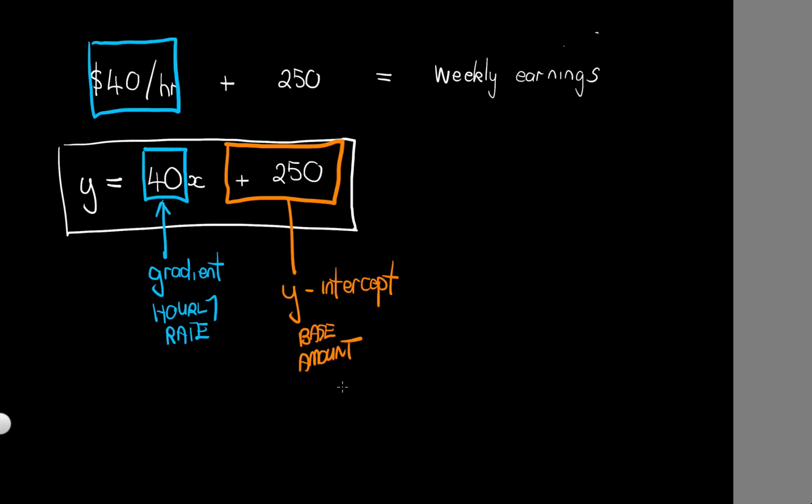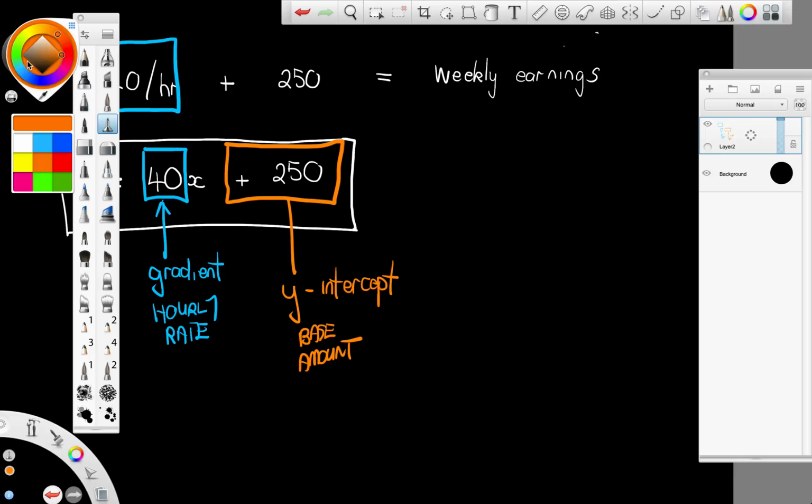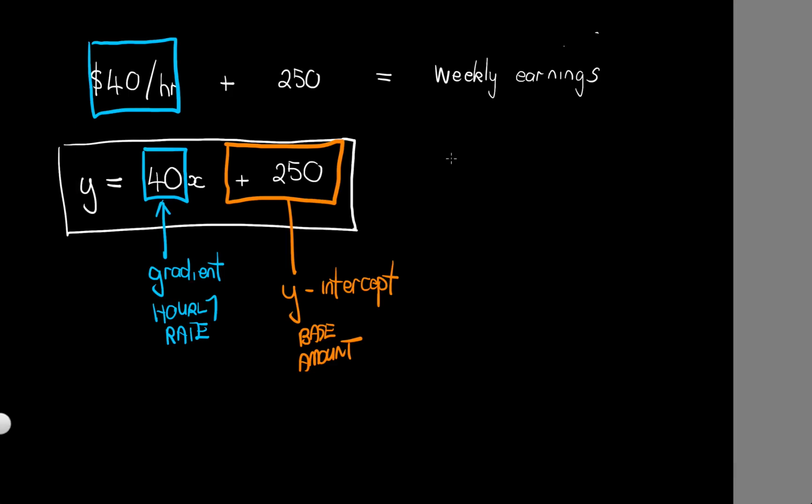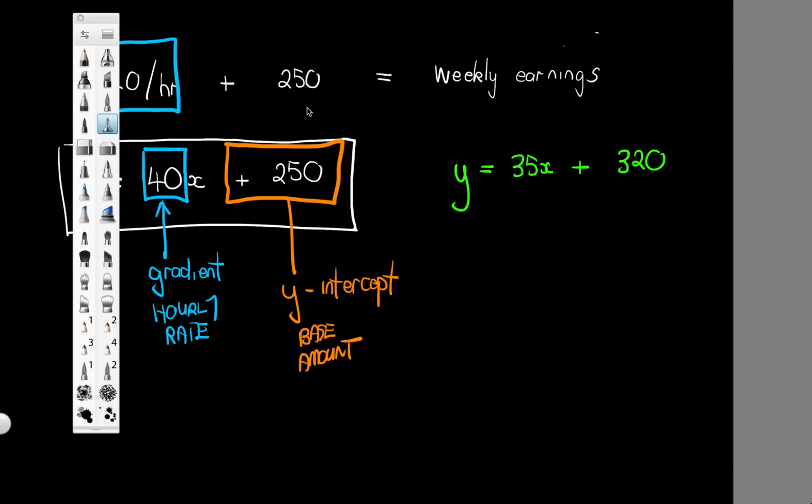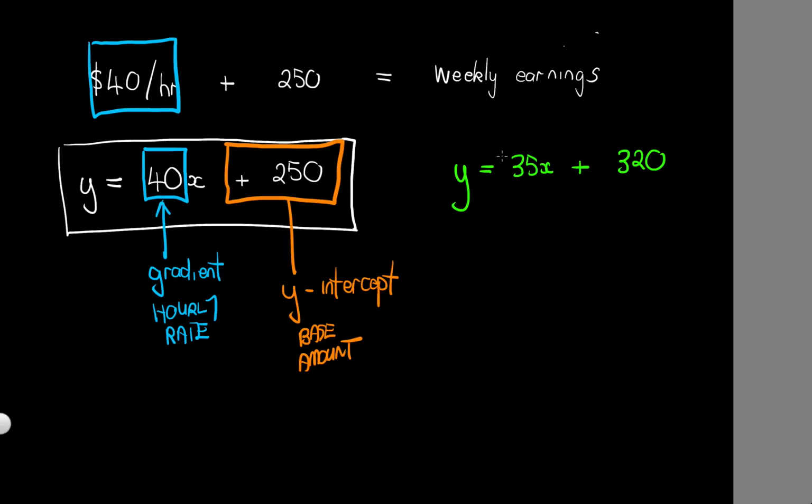And so if we had two pay arrangements, for example, if I had another one over here, and I'll write it in a different colour, we'll go with green. Let's say we had another pay offer from another company, and it was y equals 35x plus 320, then we could see that the hourly rate in this particular example would be $35 per hour.